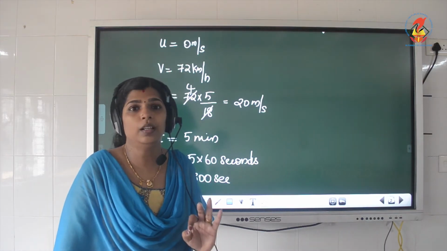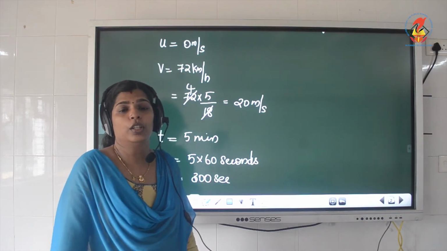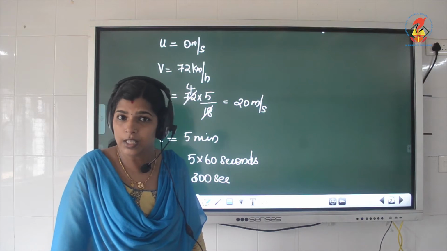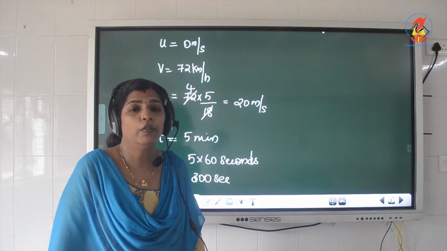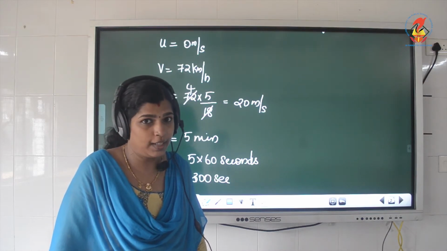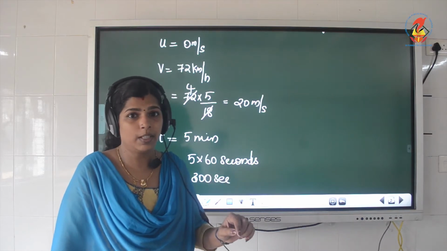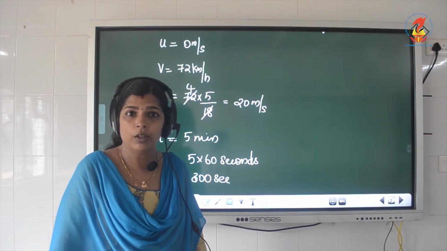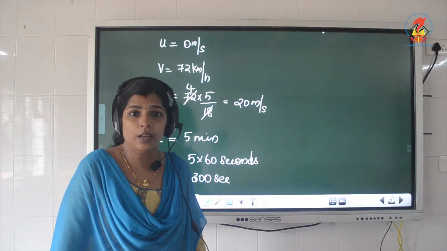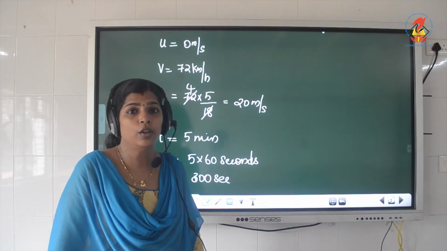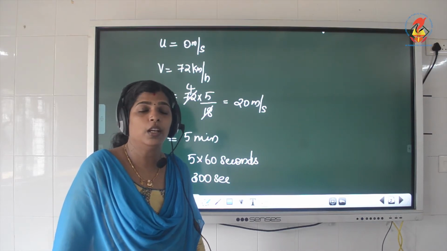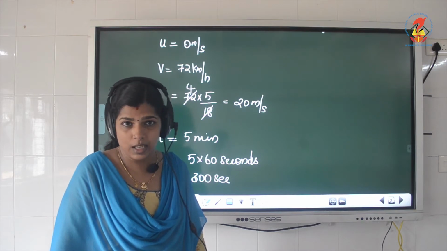If it is given in kilometer per hour, you need to convert it into meter per second, that is, you have to multiply with 5 by 18. Then, time is given in this question as 5 minutes. If it is given in minutes, you have to convert it into seconds, means you have to multiply with 60.